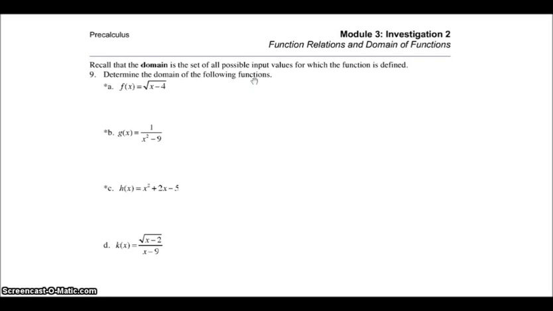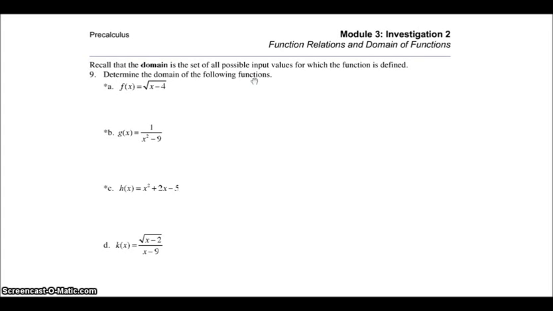Now these examples here in number 9 are more abstract, just general functions without any problem context. We just have to think in terms of numbers: which values of the input x will give us a real output, something that's defined. Remember, there's a few things that are undefined.